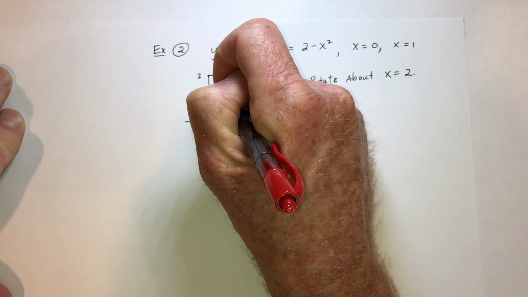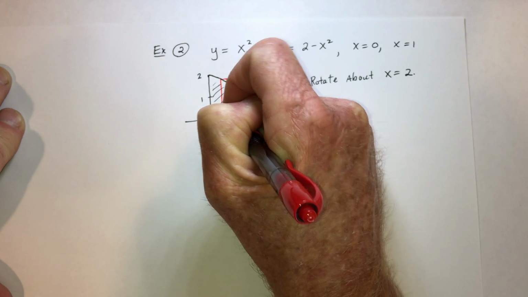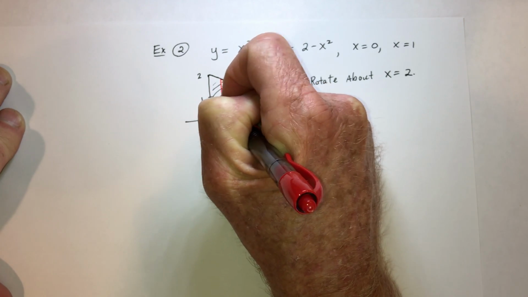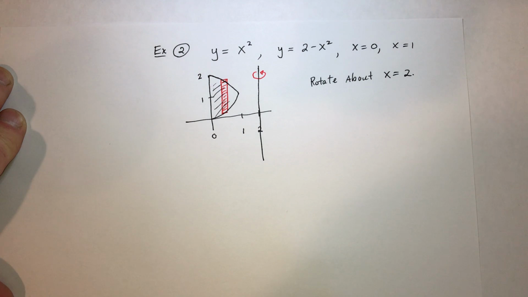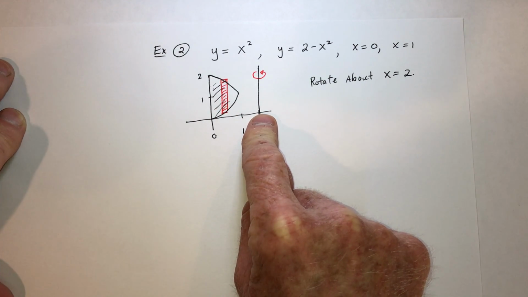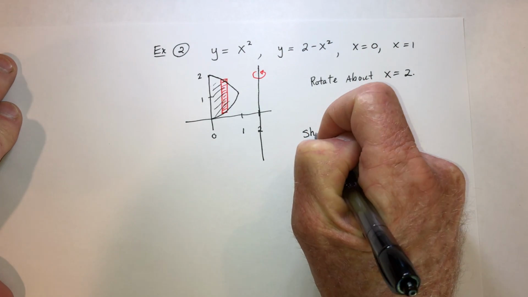So instead, make the rectangle go vertical. That way, it's always going from the top parabola to the bottom parabola. And we don't have to change or do two integrals. So we've got the rectangle parallel to the axis of rotation, and there's only one method that does that. We're going to use the shell method.